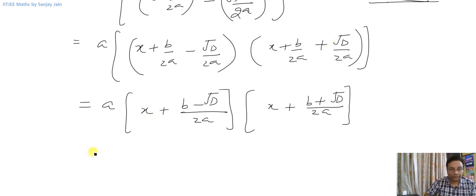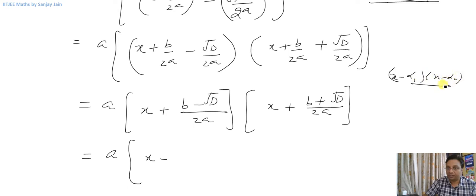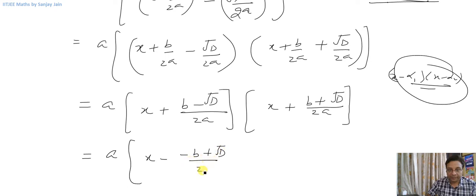Or you can write it as x minus... so why minus here? Because I generally write roots as x minus alpha 1, x minus alpha 2, etc., right? So I am bringing it into this kind of form. So x minus, I'll change the signs, minus b plus root d by 2a, and x minus minus b minus root d by 2a here.